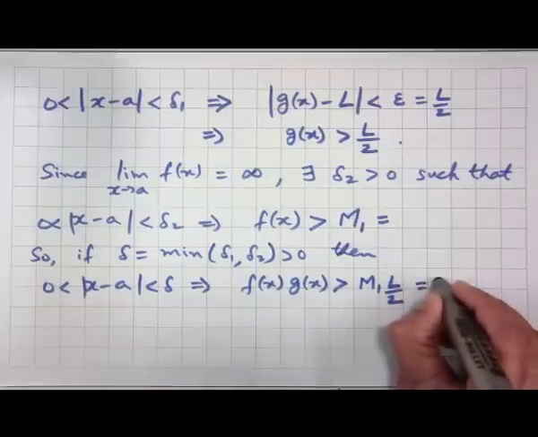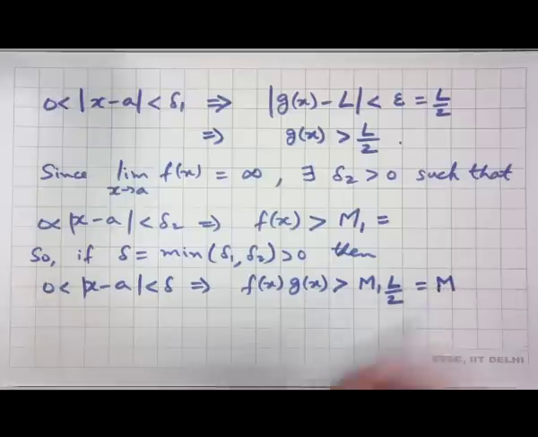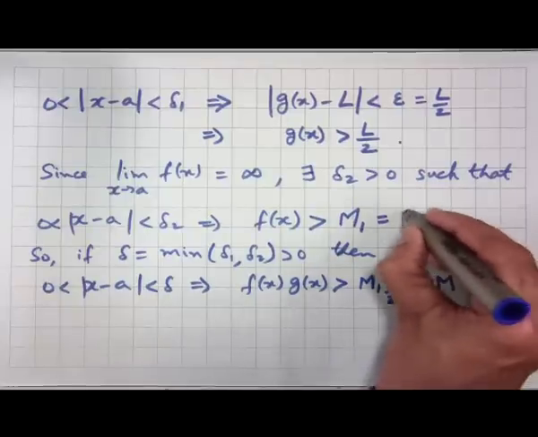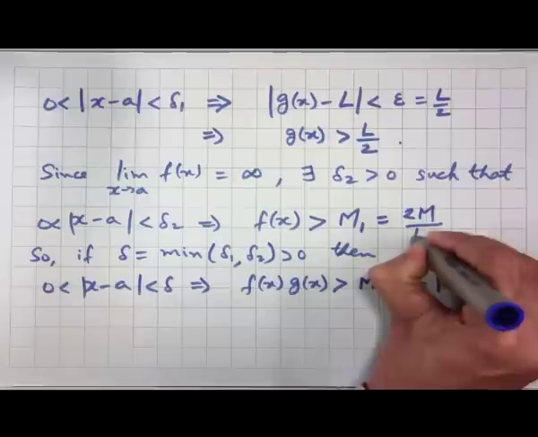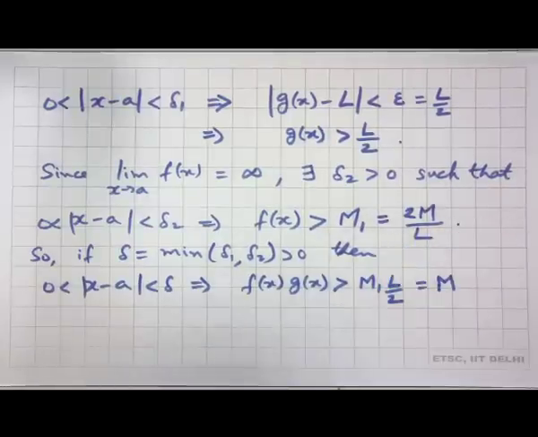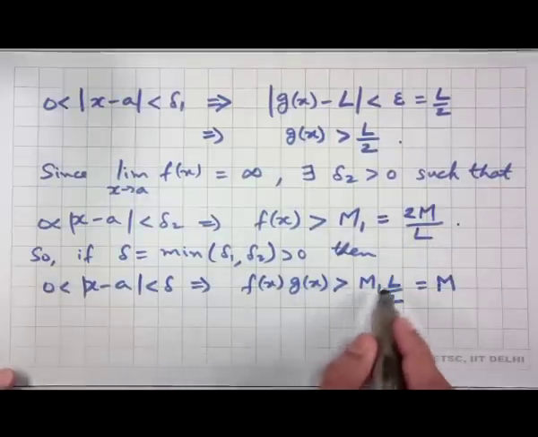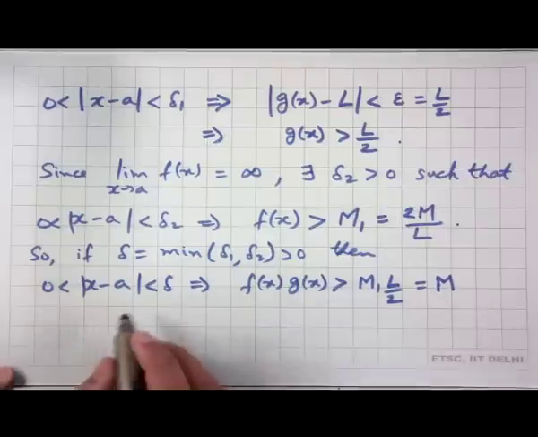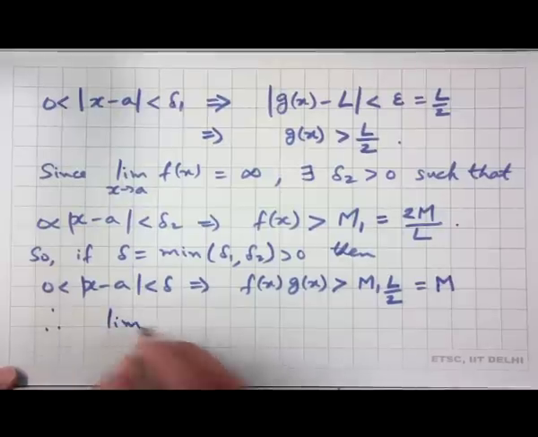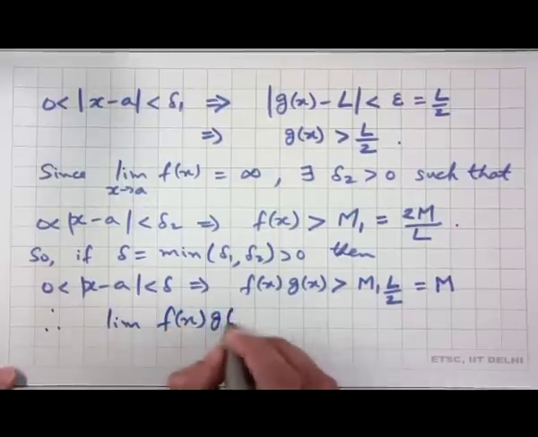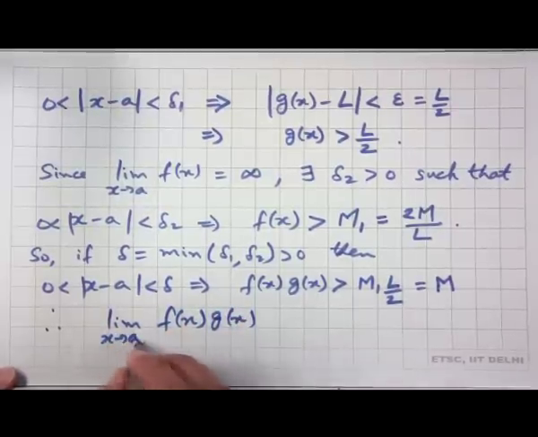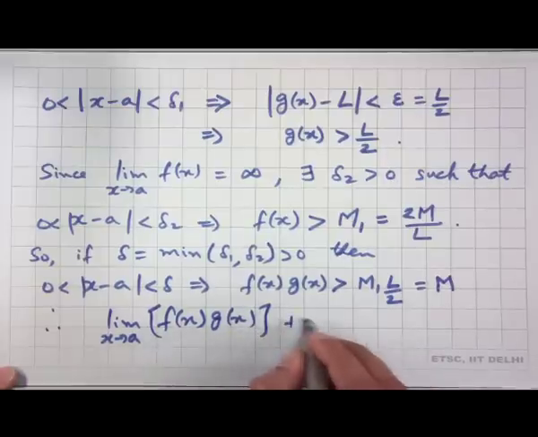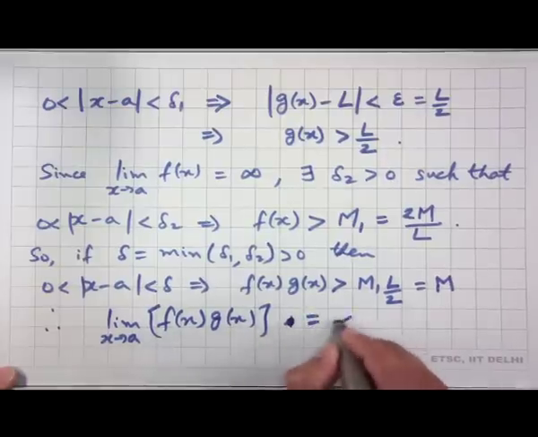So, we choose m 1 times L by 2 equal to m, which means that m 1 should be equal to twice m by L. If I choose m 1 to be 2 m by L, then m 1 times L by 2 is equal to m, and this says that f x g x is greater than m whenever mod x minus a is less than delta. So, the limit of f x g x is equal to infinity.